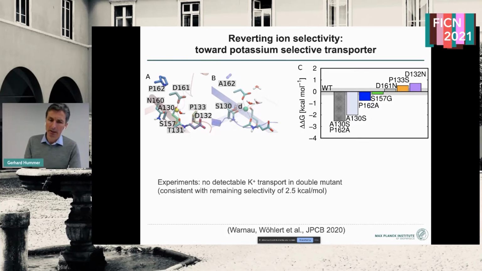But as was also confirmed by experiments, that was not sufficient. There was no detected potassium transport even in the double mutant. So this effort unfortunately failed. So we don't know exactly what happens in between the access states. So there could be other selectivity mechanisms, not just the ones associated with the binding.